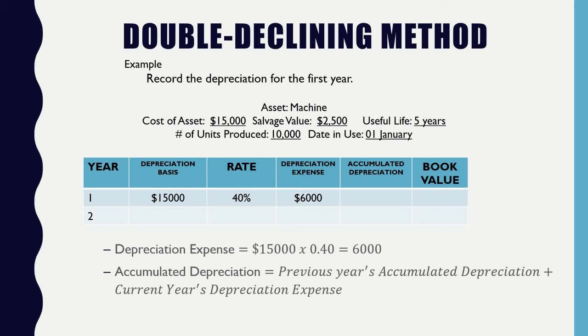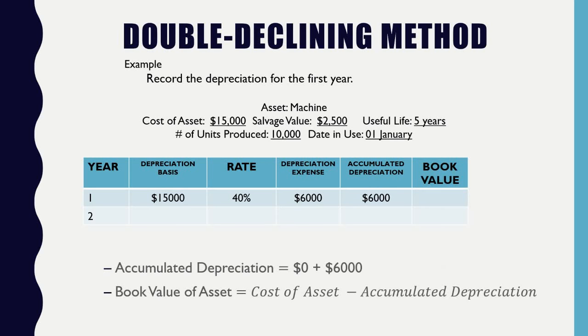But it's a formula, so we're going to add the depreciation from the current year, which in this case is 6,000. Now we need to solve for book value.